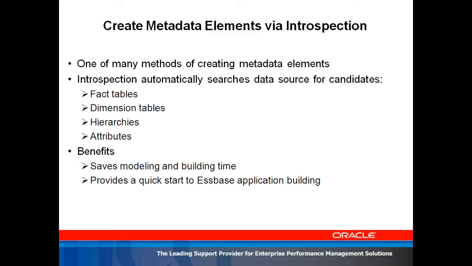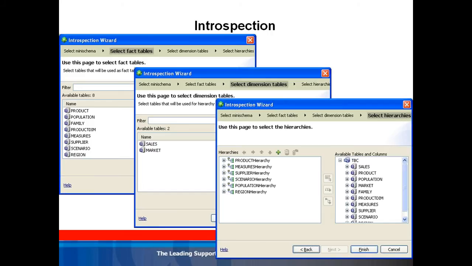And the metadata elements derived from this introspection are then used to create cube schemas and ultimately Essbase models. The benefits of introspection are in the areas of reducing time and effort in the modeling process. And in some cases, it might even find relationships in the data that you may not be aware of, but would be useful to provide to the user. This feature also provides a quick start for using Essbase Studio to create Essbase applications.